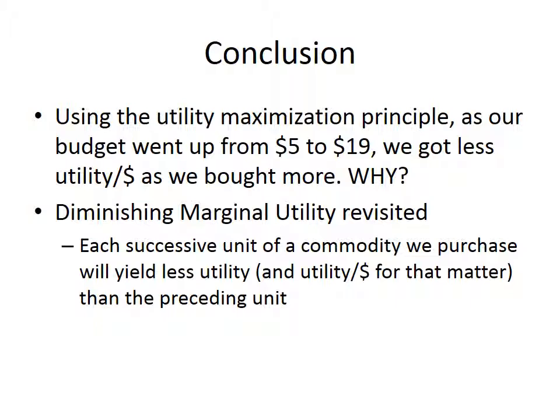I think it was the second slide. Diminishing marginal utility. Each successive unit of a commodity yields us less utility. And therefore, because the price of the commodity stays the same, because each successive unit of the commodity yields us less utility, okay, each time, less marginal utility, it's going to yield us less utility per dollar.